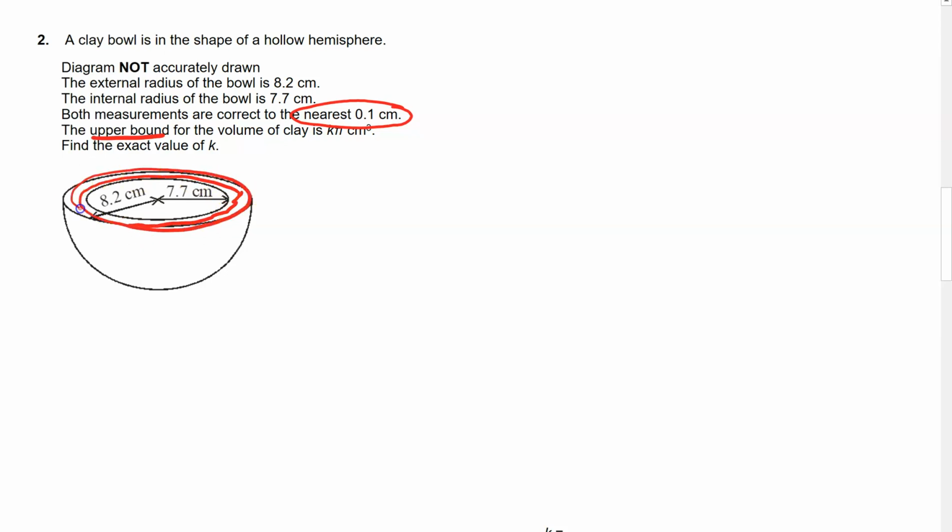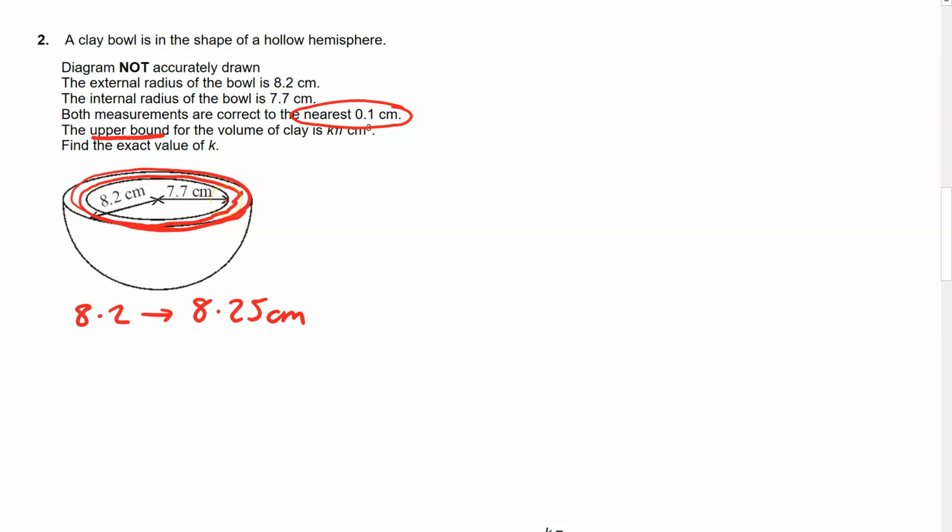So that gap there needs to be as big as possible in order to get the thickest amount of clay. So that means that the 8.2 has to be as far out as possible. So that's the upper bound. So we're going to use 8.25.